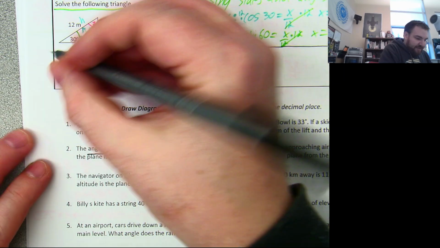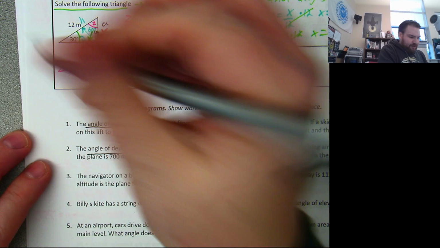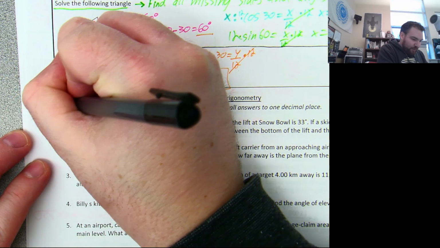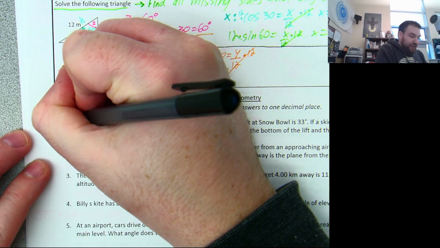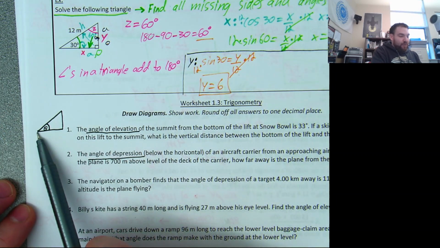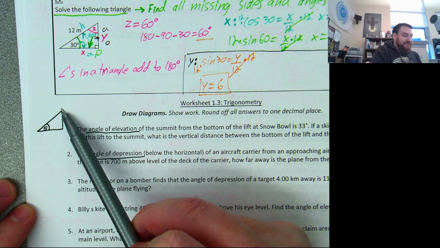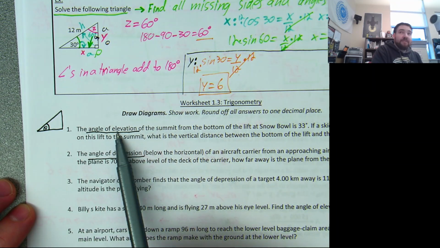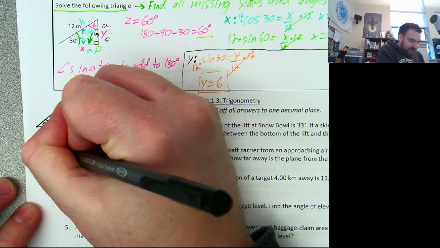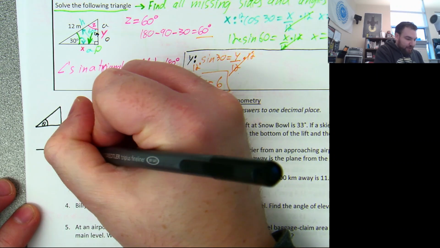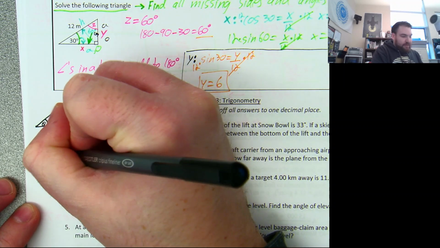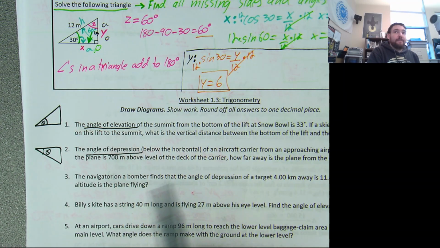So the angle of elevation is if you are looking straight ahead and the way the question is taking you is that you then have to look up at something. This is the angle of elevation from the horizontal to the top of something. And angle of depression is the opposite. If you're looking horizontally and then to see whatever it wants you to see, you have to look down, this angle becomes the angle of depression.